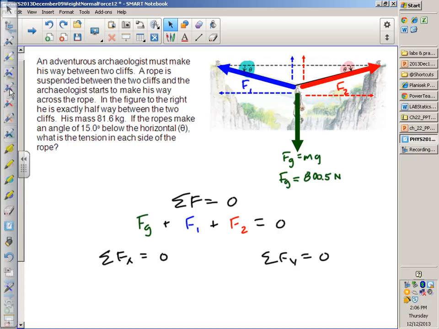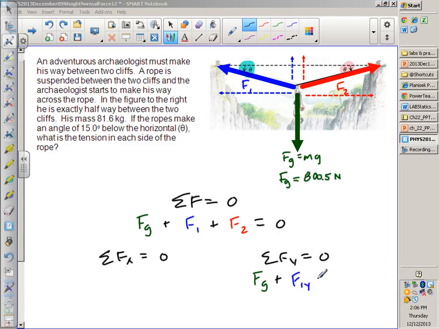So, on the y-axis, we have F of G plus F1 along the y-axis plus F2 along the y-axis, all together have to equal 0.